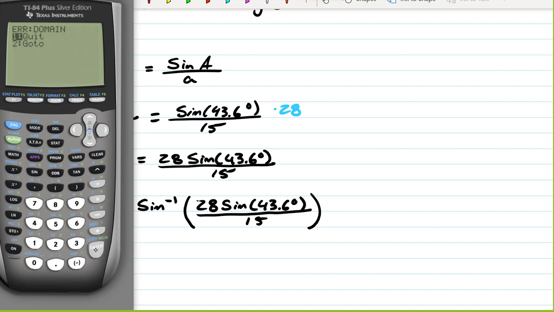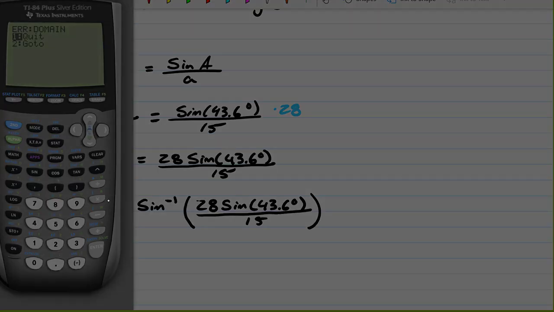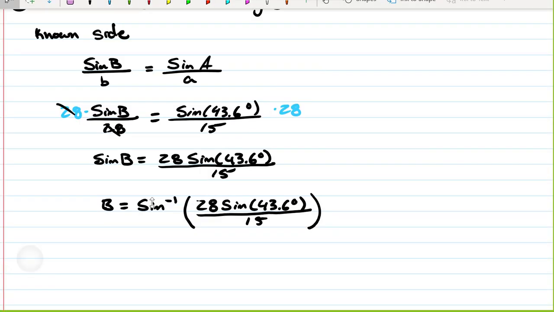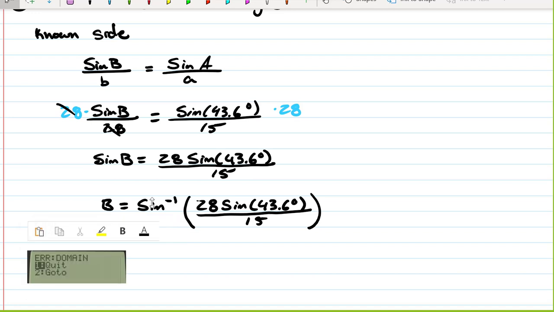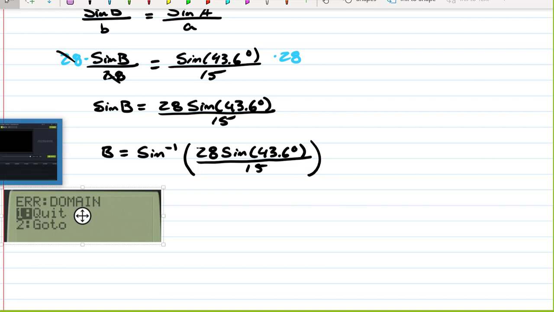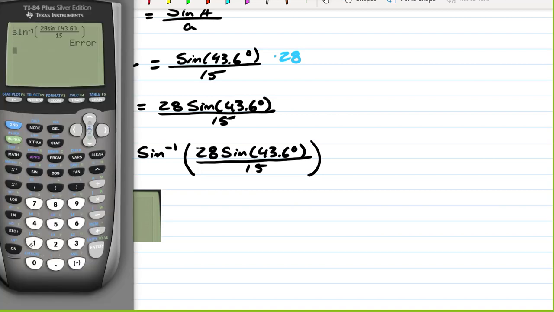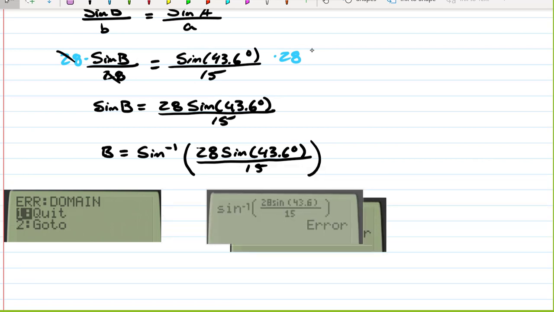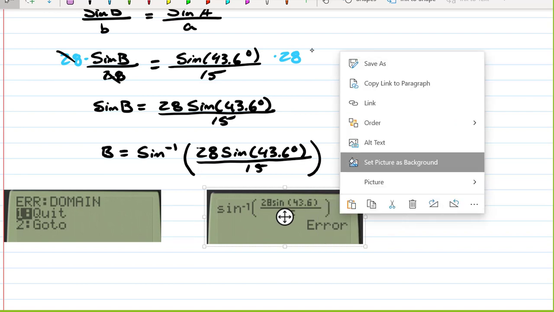And I get this error that says domain error. So why am I getting a domain error on my calculator? Well, let's do a little investigation and see why we're getting that and what it tells us. So when I tried to type this into my calculator, you might think, oh, well, maybe I'm in radians, but we're not. We're already in degrees. So everything there is fine.